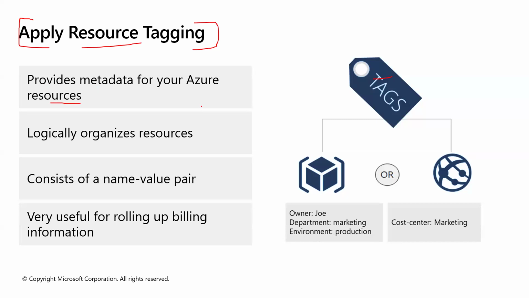So what is the purpose of resource tagging here? It will logically organize the resources. It has name-value pairs, such as the owner of that particular resource, the department and the environment. This helps me roll up the information. For example, if I want to pull the report for the owner Joe, and see what the bill is for that particular owner, it is very easy.